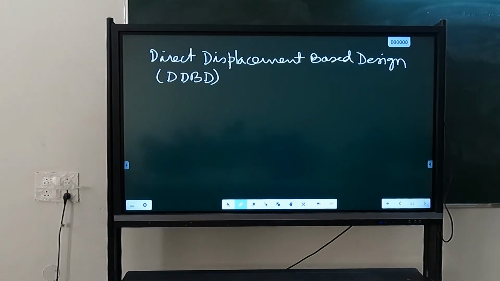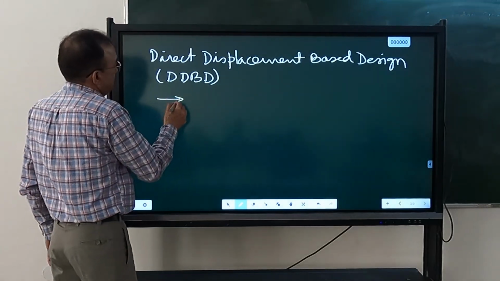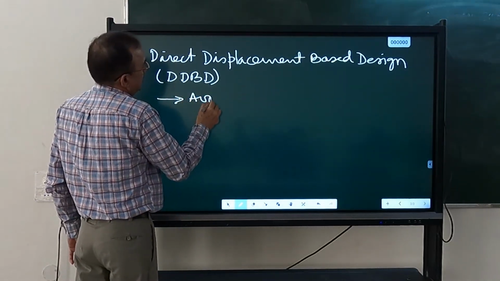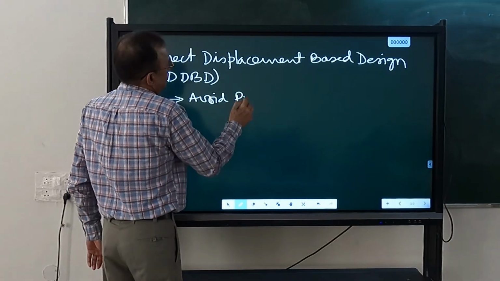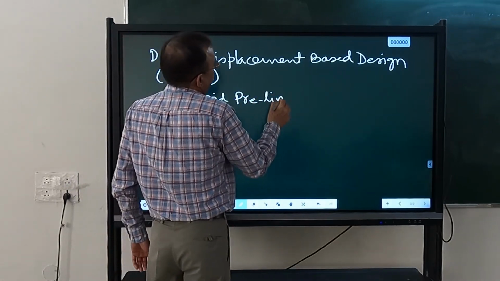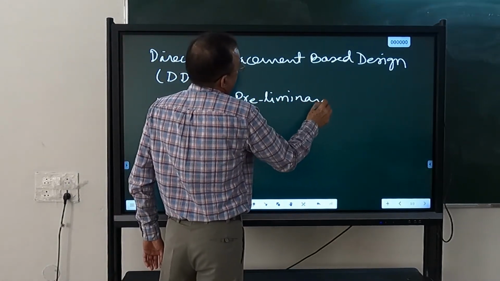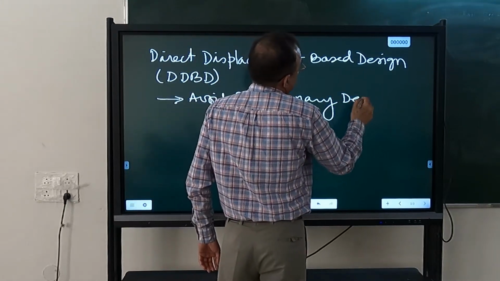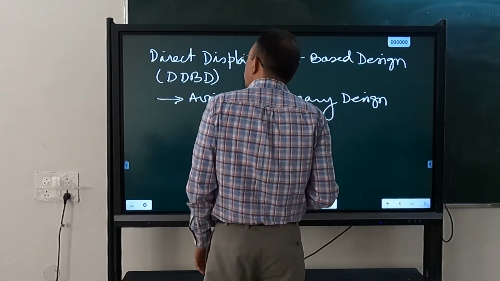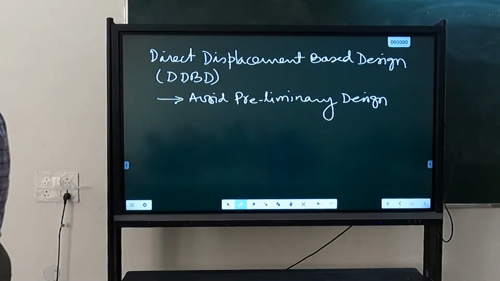So you can use it to avoid preliminary design, or you can use this design as a preliminary design and then cross check the performance using the method we have decided.